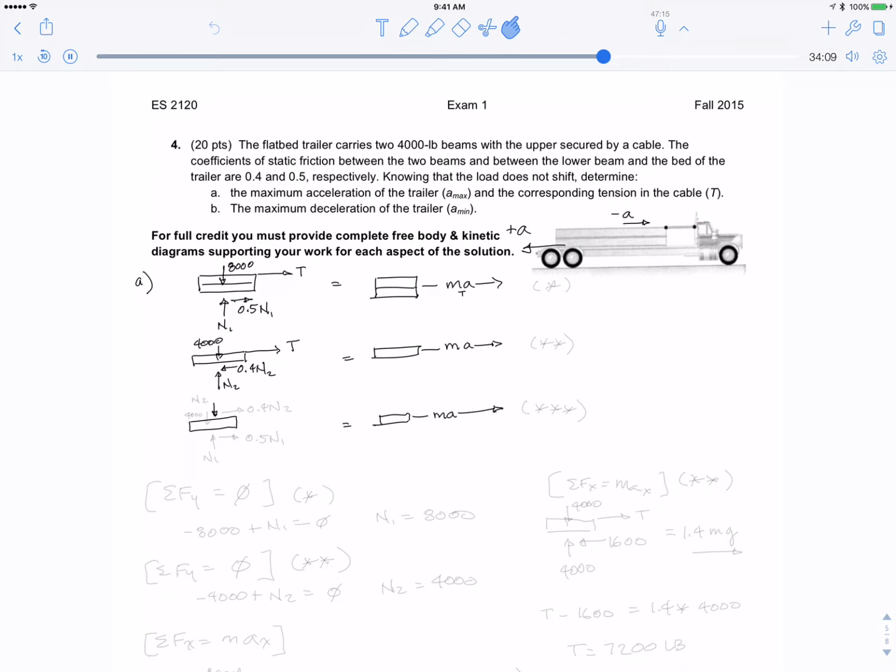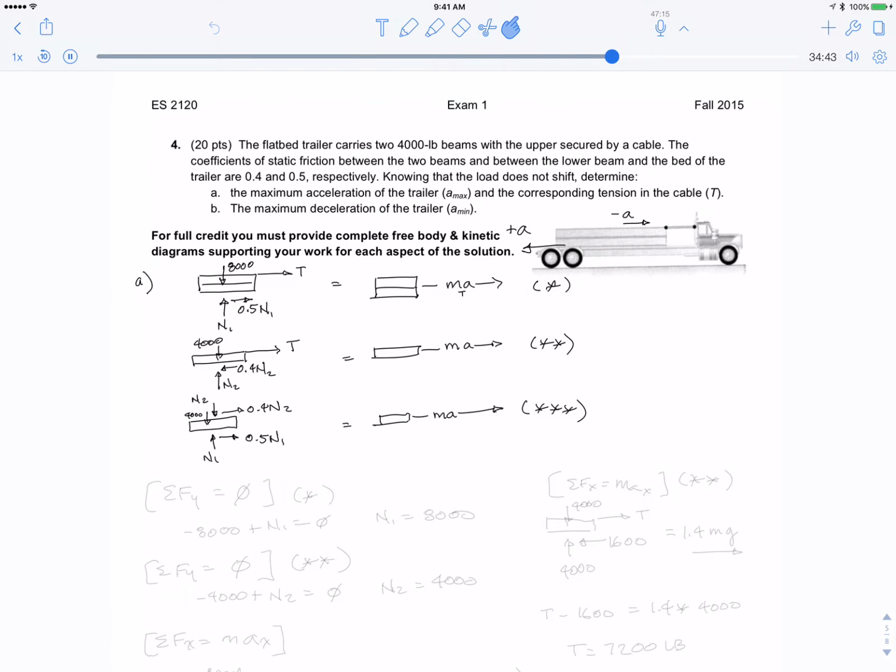Okay, so that's normal 2, 0.4 normal 2, and you do have normal 1 and 0.5 normal 1 equals that. Okay, so there were 3 free body diagrams. And this one has a weight of 4,000.